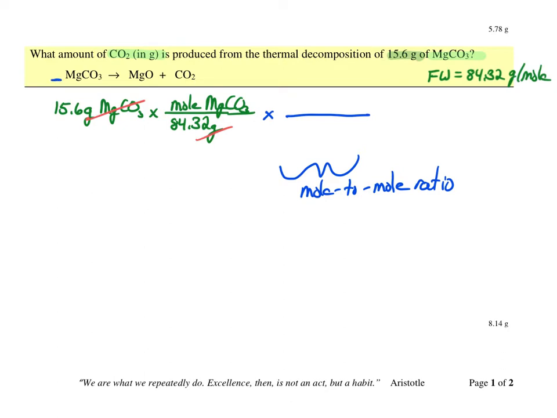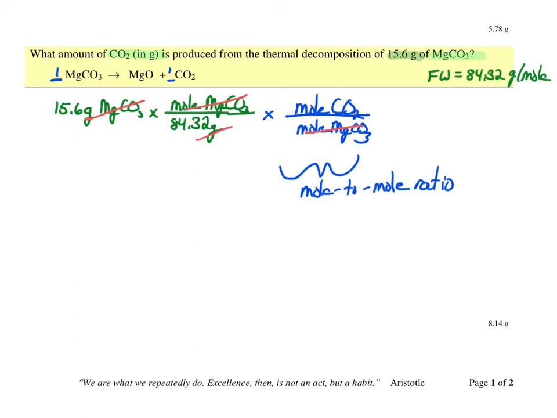It tells us every mole of magnesium carbonate is going to release 1 mole of carbon dioxide. So if we look at our units, we can see that our units of moles of magnesium carbonate cancel, and we have moles of carbon dioxide.